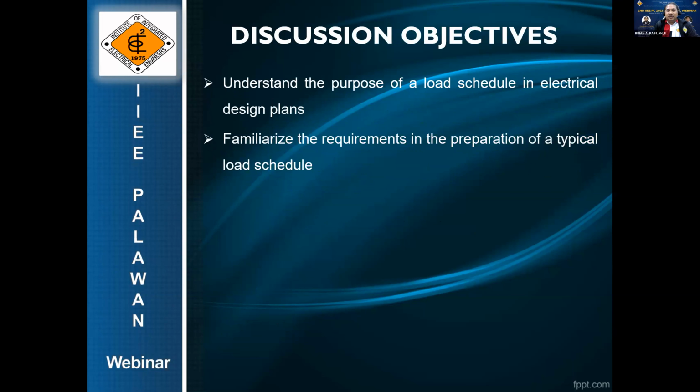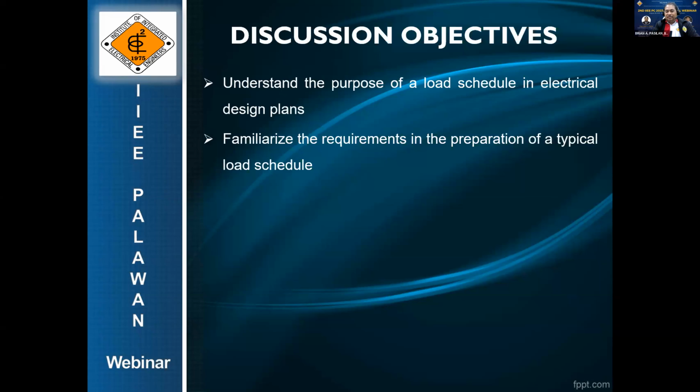I know a lot of us have already been familiar with load schedules, but siguro some additional points na lang, for emphasis, ano yung ibang uses or ano yung benefits na maibigay ng isang load schedule. Marami to in terms sa construction, during implementation, and also for our suppliers and manufacturers, no.